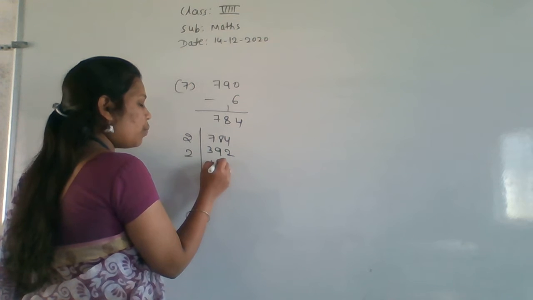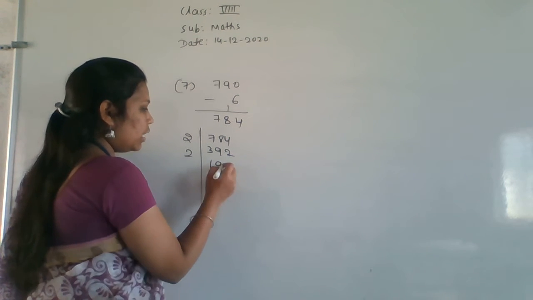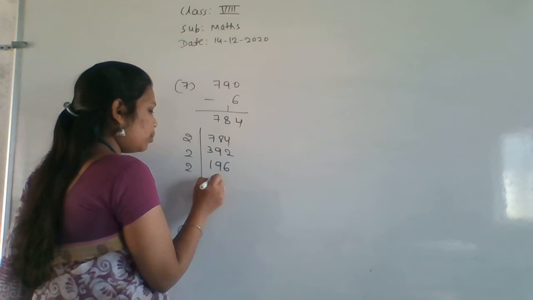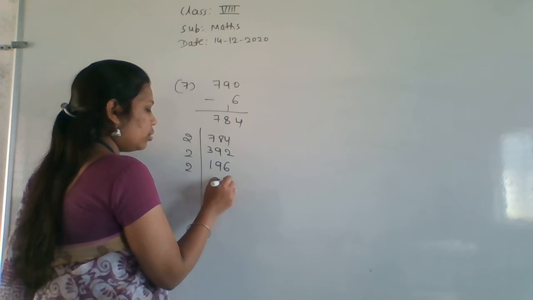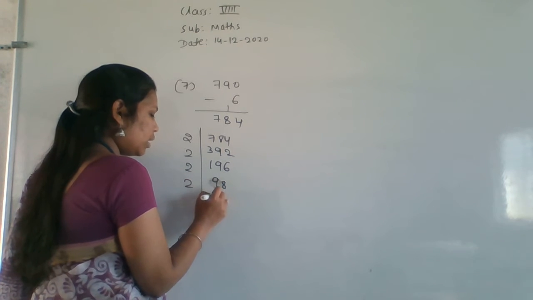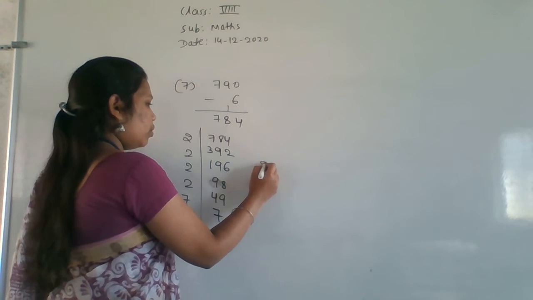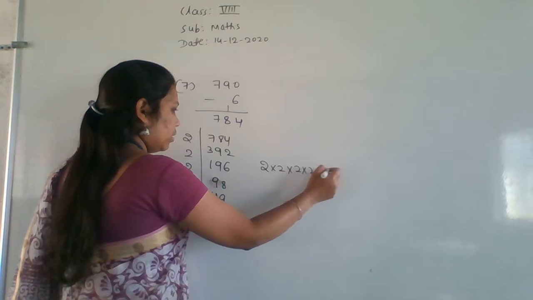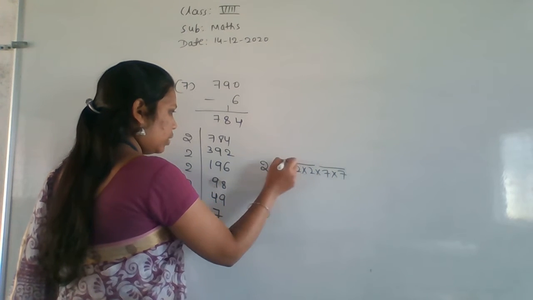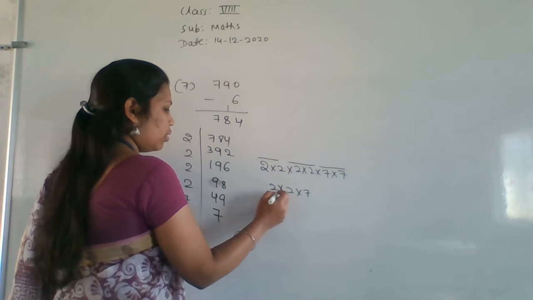Next, 2 1s are 2, 2 9s are 18, 2 6s are 12, 2 4s are 8, 2 7s are 14. So 2 into 2 into 2 into 2 into 7 into 7. This is one pair, this is one pair. So we are left with 2 into 2 into 7.